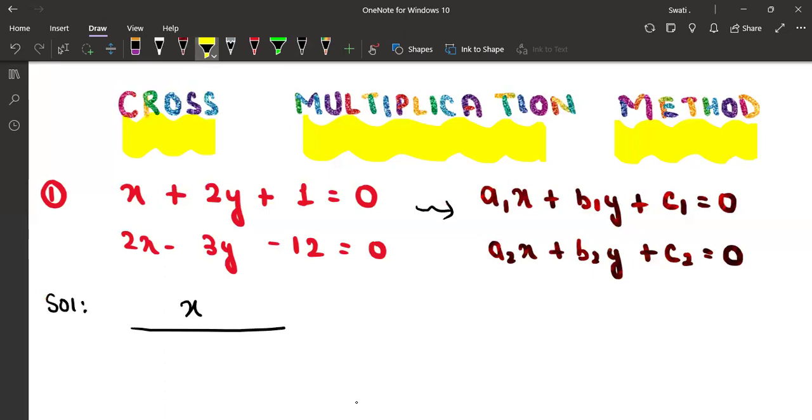Because you have written x here, you will leave this part and you will do the cross multiplication of this and this. That is why the name of this method is called cross multiplication. But here we will not do the cross multiplication of y, only of b1, b2 and c1, c2. So this will become b1 into c2 minus b2 into c1. Okay, this is the formula. If you can remember this formula directly, well and good, or else you can write your formula yourself every time, you won't need to memorize it.